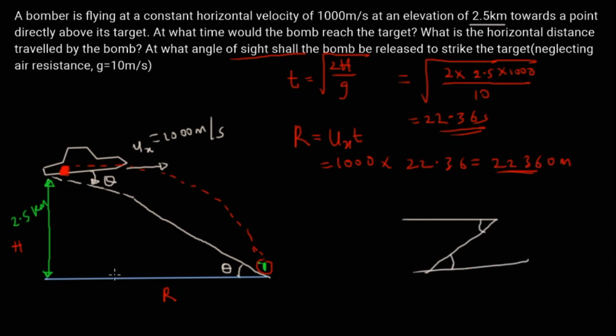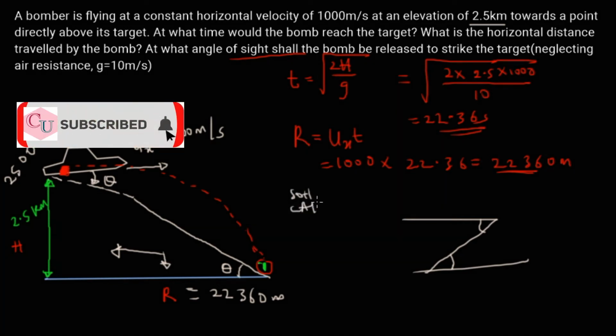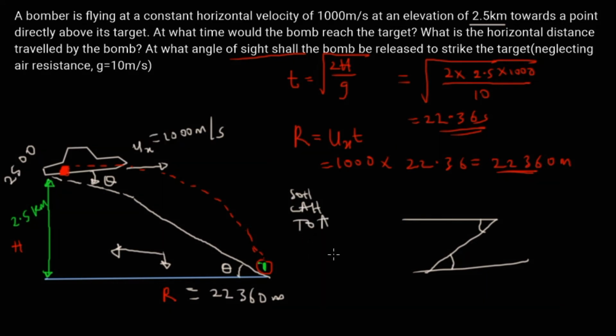Okay, so of course, we know that the range is now 22360 meters, and the height is 2.5 kilometers, which is the same thing as 2500. So we can find angle theta from that, since we have the opposite and the adjacent. And of course, from SOHCAHTOA, we'll make use of tan theta, which is opposite, that's 2500, upon the adjacent, which is 22360.